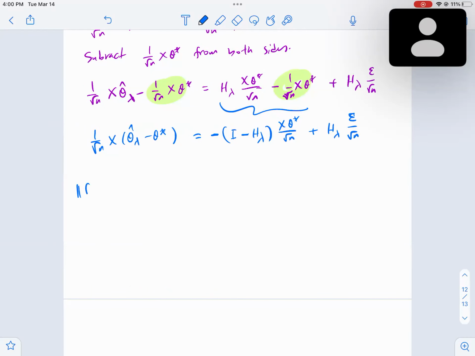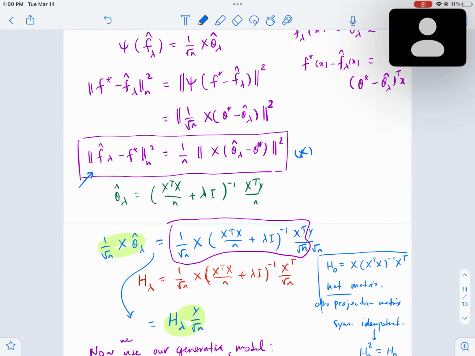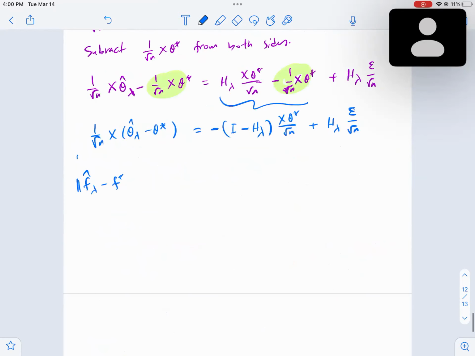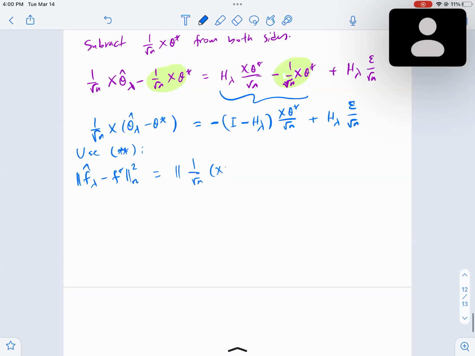So f hat lambda minus f star, this is the empirical norm, is exactly what we showed: x theta hat lambda minus theta star over root n, squared.